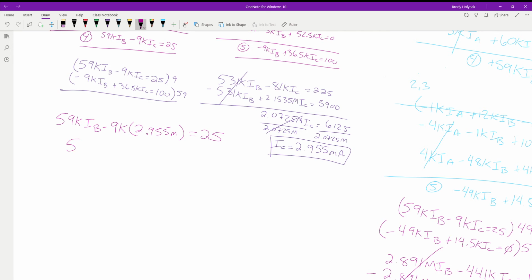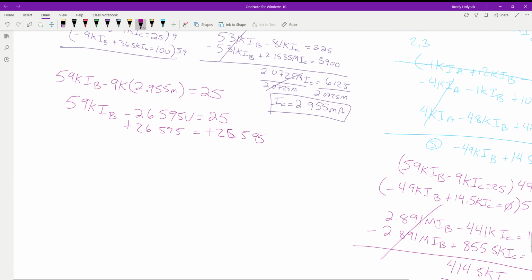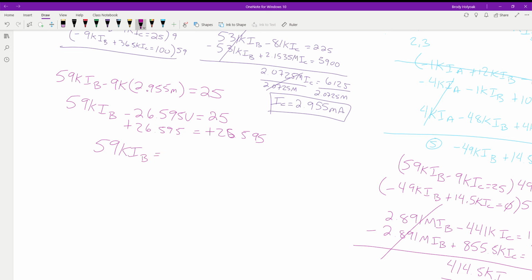This is 59K IB minus 26.595 volts. So just remember, as we're going back and forth, what units we're in. It is equal to 25. We add the 26.595 to get it across the equals, and we have 59K IB is equal to 51.595.